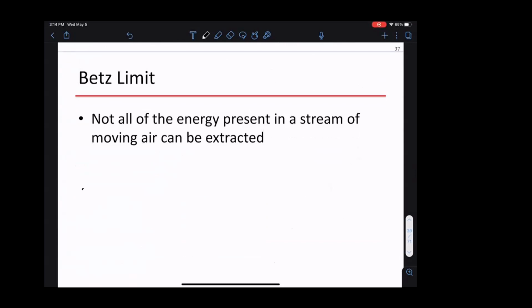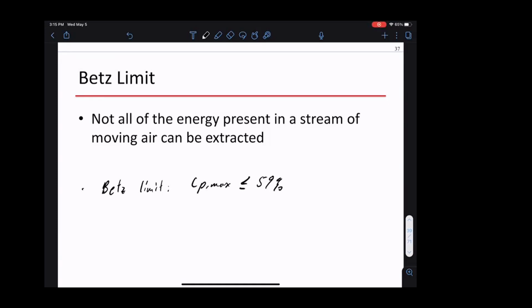That's the CP max. The maximum power you can extract from a wind turbine is less than 59%. Normally, of course, we don't get to 59%, but the theoretical limit says the best you can do is 59%.